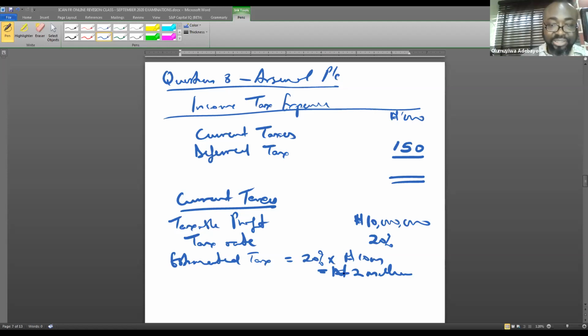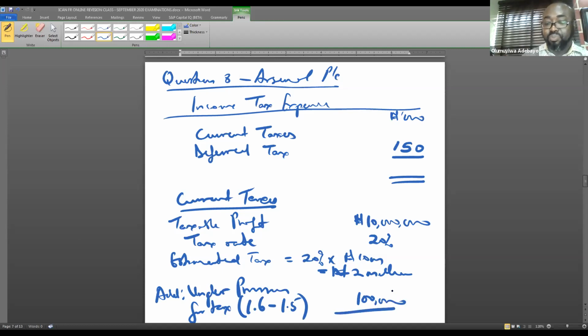But we are given information that this 2 million naira was the tax for this year, of which last year we under provided. How much did we under provide? We provided 1.5 million, but thereafter the tax authority did an examination and we both agreed at 1.6, which means we under provided the difference between 1.5 and 1.6, which is 100.